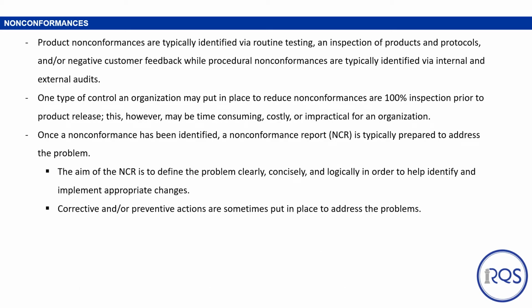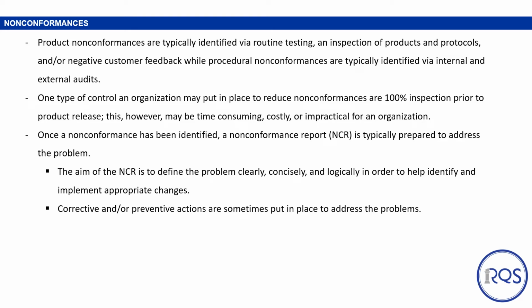Product nonconformances are typically identified by routine testing, inspection of products and protocols, and/or negative customer feedback. Procedural nonconformances are typically identified by internal and external audits. One type of control an organization may put into place to reduce nonconformances is 100% inspection prior to product release.